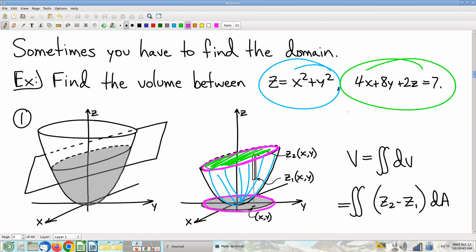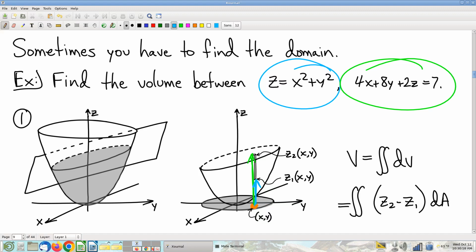That purple curve, this intersection of these surfaces, is indeed what we need to get our hands on. We have to be more careful how we get our hands on it. The way we do is to recognize that for some points, like this point here kind of in the middle, you look at how far you've got to go up to get to the plane, and how far you've got to go up to get to the paraboloid, and you have different distances.